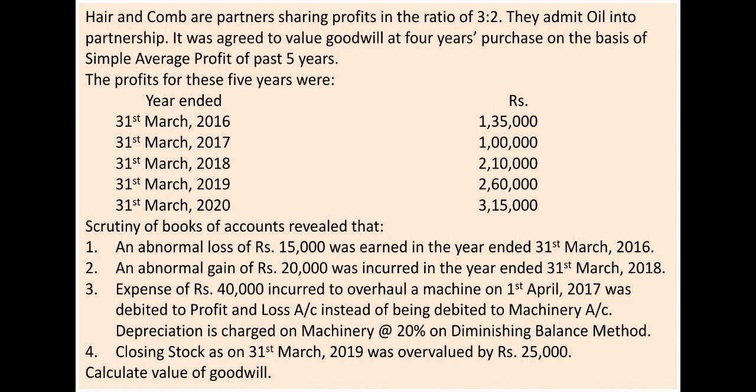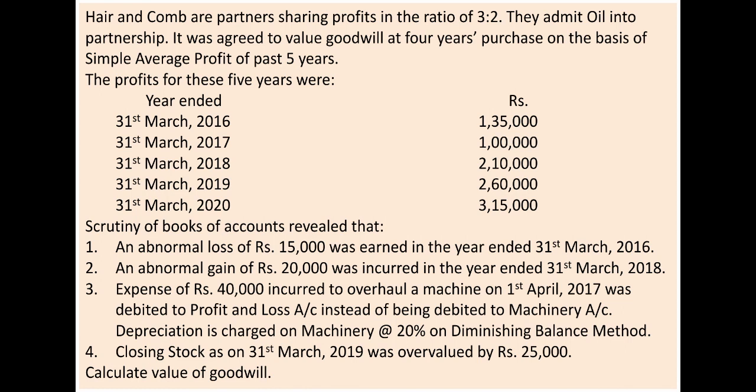Then our adjustments. Scrutiny of books of accounts revealed that an abnormal loss of 15,000 was incurred in the year ended 31st March 2016. An abnormal gain of rupees 20,000 was incurred in the year ended 31st March 2018. Expense of rupees 40,000 incurred to overhaul a machine on 1st April 2017 was debited to profit and loss account instead of being debited to machinery account.